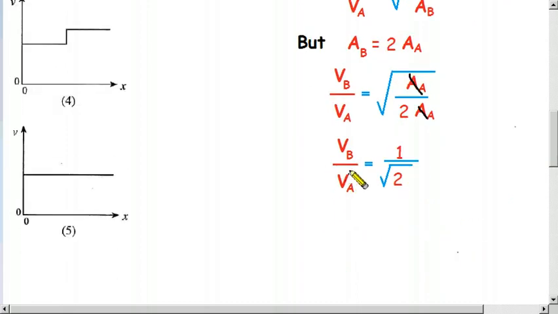Then we isolate VB: VB equals 1 over root 2 times VA.